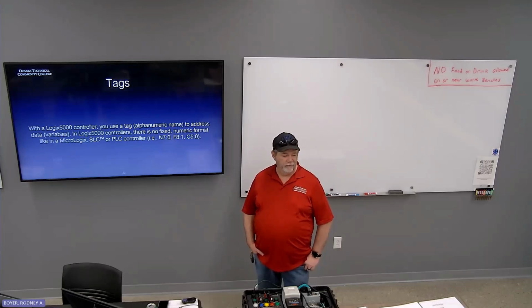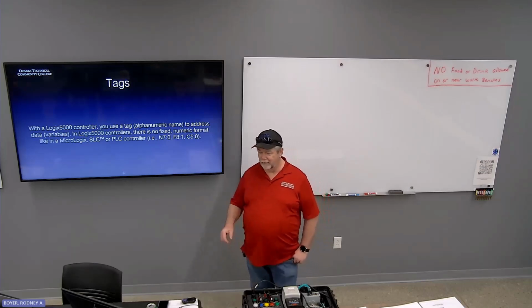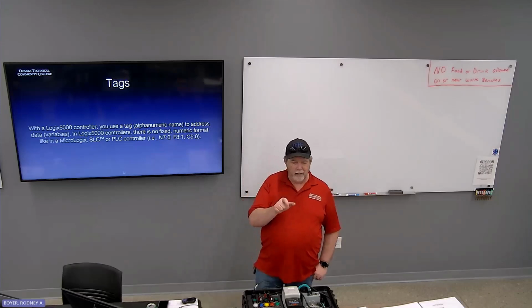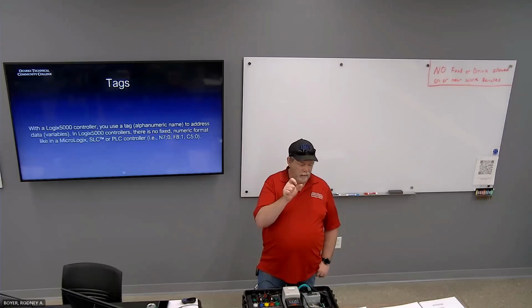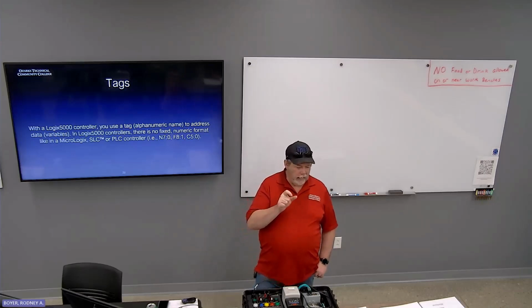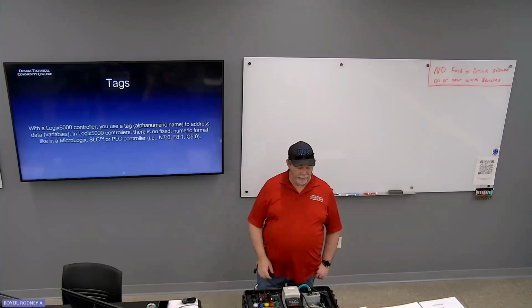It just doesn't come with those tags by default. You also have to tell it that B3 is bool, T4 is timer, C5 is counter, R6 is control, N7 is integer, and F8 is real or float.